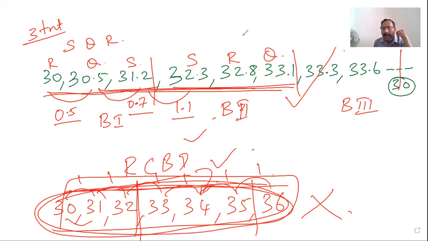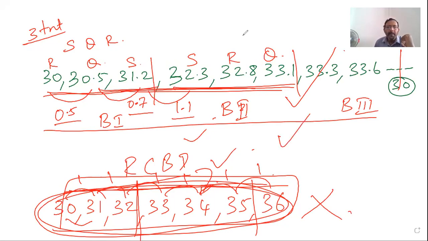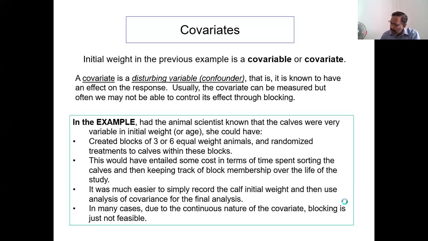So we look for a better analysis than RCBD. So we can apply RCBD also, but we look for better analysis than RCBD. That is why we are going for analysis of covariance. So here in this explanation, one can say that they can go for RCBD, no problem.